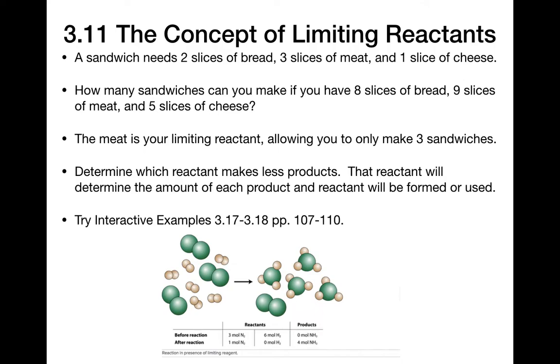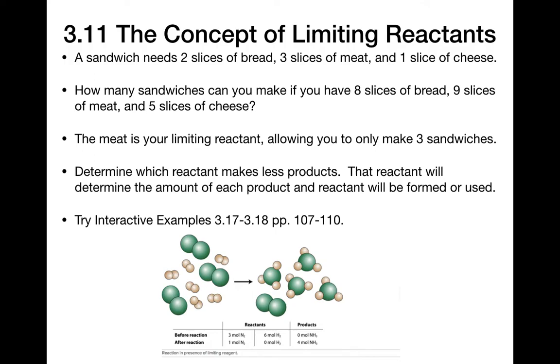You only have enough meat, being your limiting reactant, to make 3 sandwiches, even though you have enough bread to make 4 and enough cheese to make 5. You only have enough meat to make 3. So determining which reactant is going to make the fewest amount of products is how we determine which one is our limiting reactant.